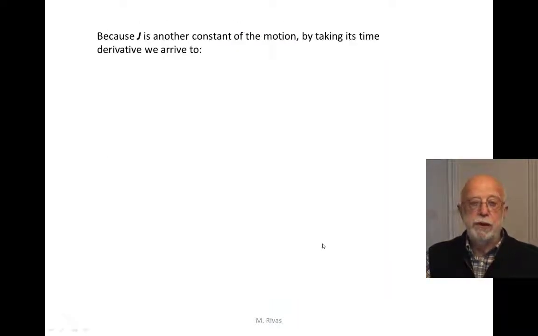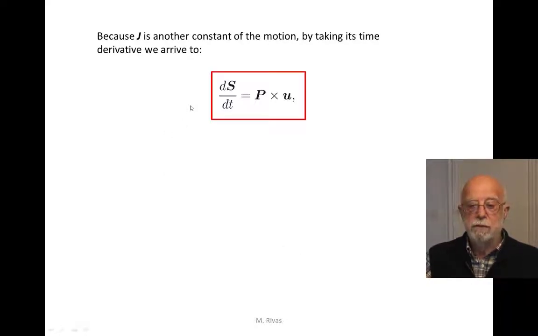Now, J is another constant of the motion. If I take the time derivative, I arrive at... P is constant, but U is not a constant vector. So the time derivative of the spin is not zero; the spin is not a constant of the motion. This time derivative is orthogonal to the direction of the spin.